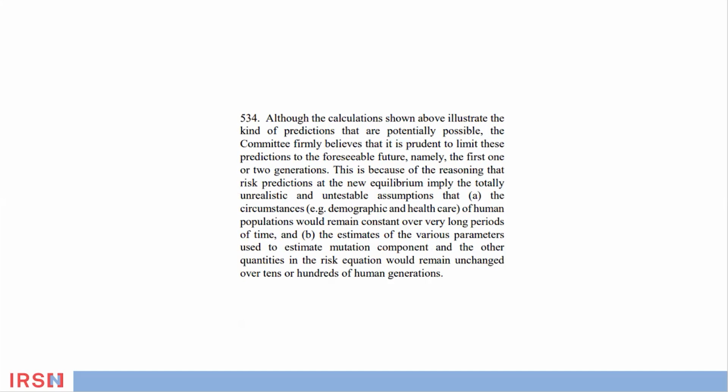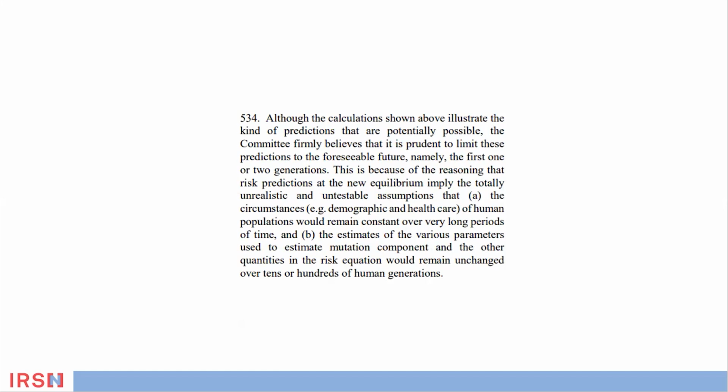The calculations shown above illustrate the kind of predictions that are potentially possible. The committee firmly believes that it is prudent to limit these predictions to the foreseeable future, namely the first 1 or 2 generations.